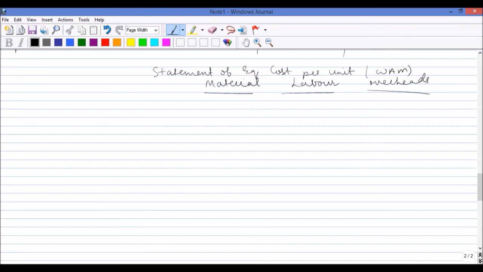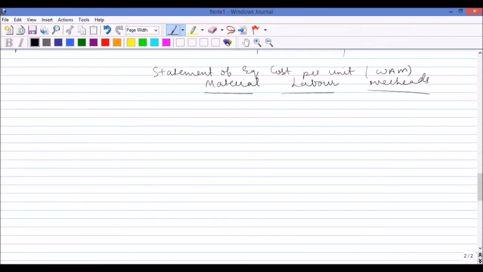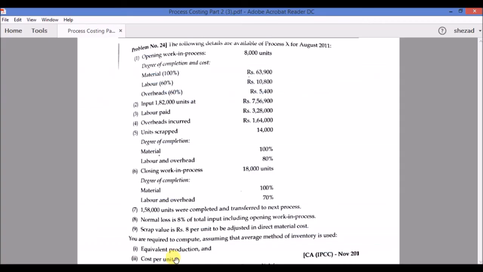You have to consider all the costs together because it is a weighted average method. So the opening work in progress is having material, labor, and overhead. So you have to consider all these three costs together. If you are getting confused, then I would tell you all to look at the FIFO method one more time and then come to the weighted average. Maybe it will take a few more hours for you to understand it, but you need to practice. If you practice, you'll know the difference.